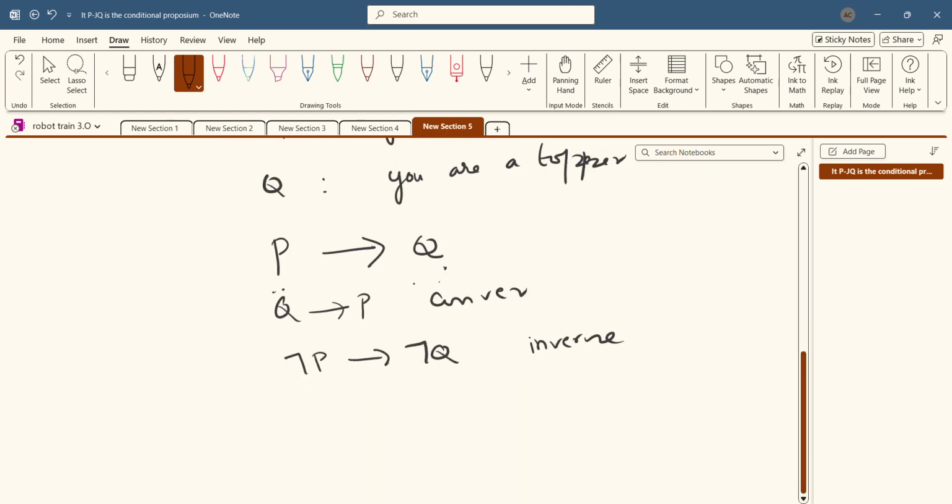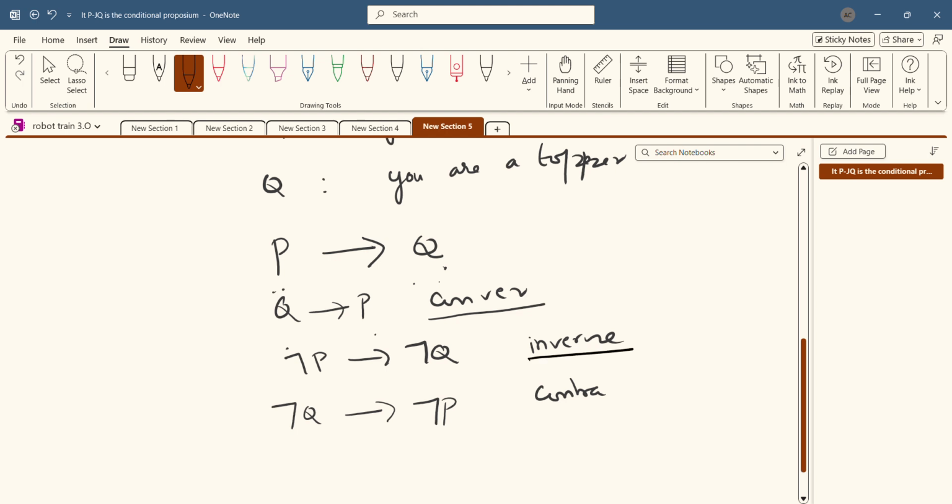And the contrapositive is negation Q conditional negation P. So P conditional Q is: if you are working hard, then you are a topper. The converse is: if you are a topper, then you are working hard.